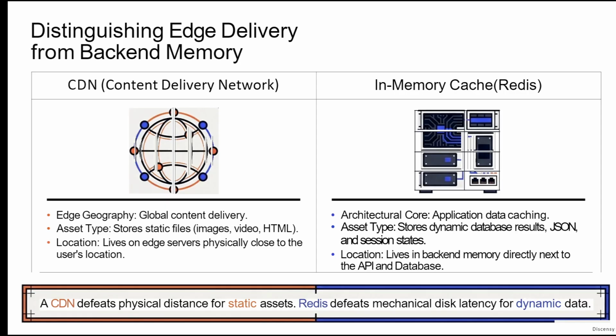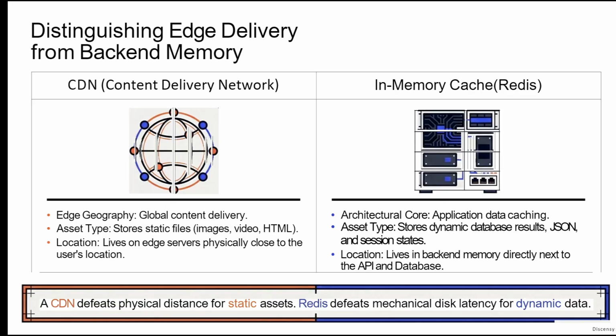Location where it exists or location where it could be accessed. That is global content delivery, whereas in-memory cache is local application data caching. And coming to asset type, a CDN stores static files, and an in-memory cache stores dynamic database results, JSON, and session states.